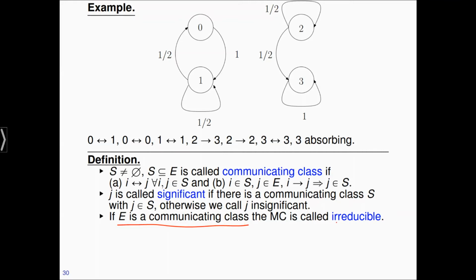Think of this notion as follows: if the Markov chain consists of a few communicating classes, then you can concentrate on one of the communicating classes and do all the analysis in there, because anyway I cannot reach from here to there. And if the Markov chain is irreducible, you cannot further split the state space, since it consists of only one communicating class.